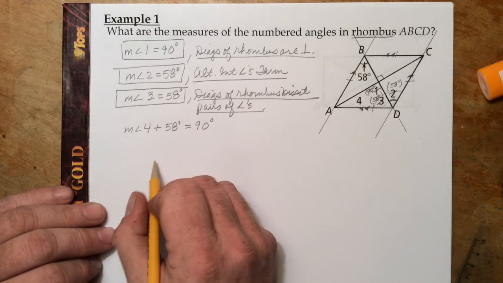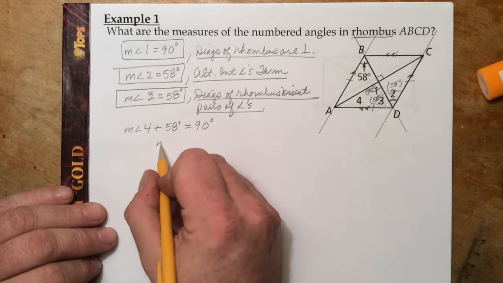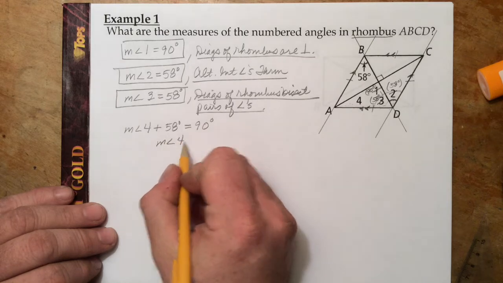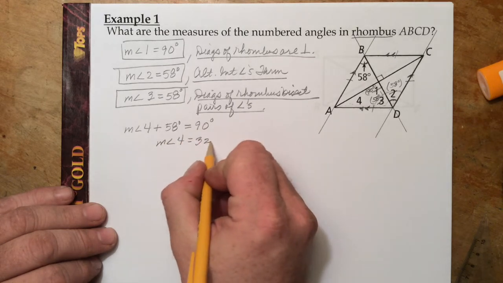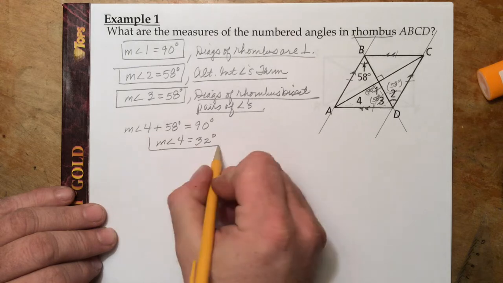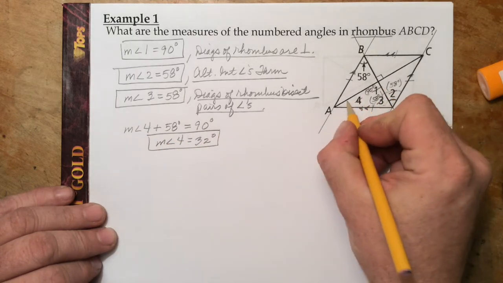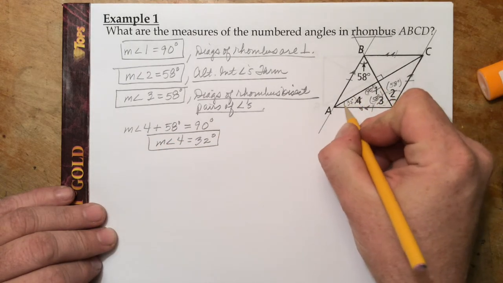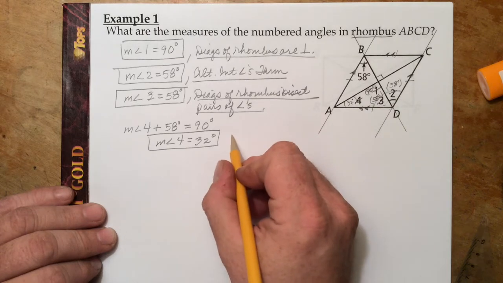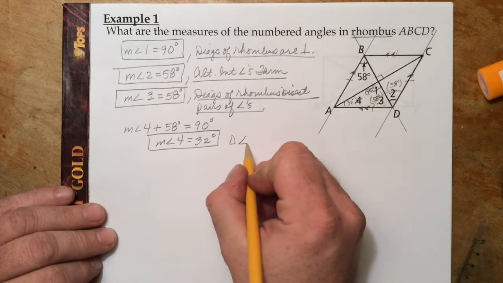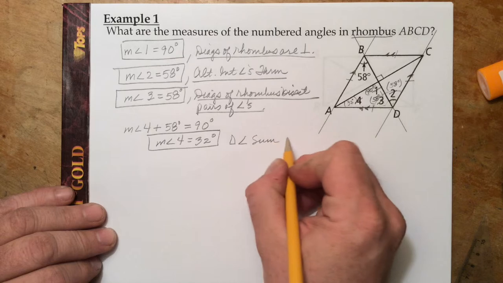Subtracting the measure of the 58 degree angle from both sides, we get the measure of angle 4 is equal to 32 degrees. And that is because of the triangle angle sum corollary.